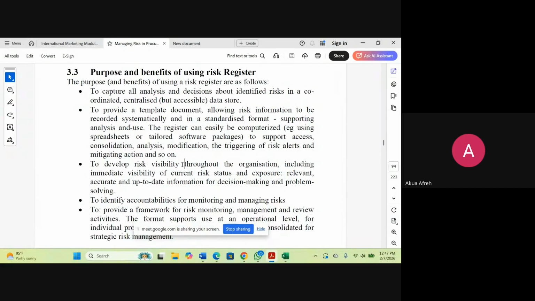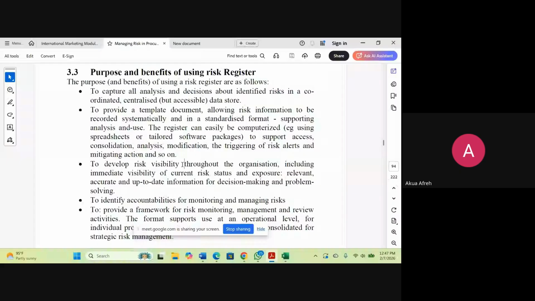So that is one benefit. And it provides a template document allowing risk information to be recorded systematically. It's like an evidence.